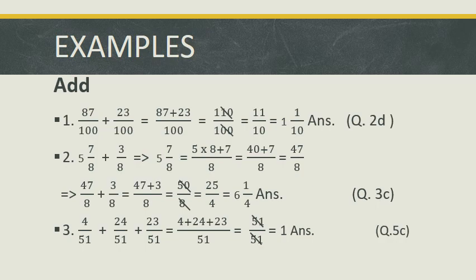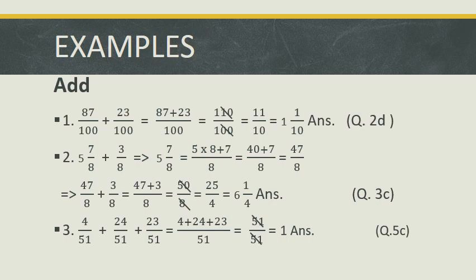In this example, there are three like fractions. First one 4 by 51, second one 24 by 51, and third one 23 by 51. So, we have to add these three like fractions. Again, we will apply the same formula, that is sum of the numerators upon common denominator. So, what is the sum of the numerators? 4 plus 24 plus 23.